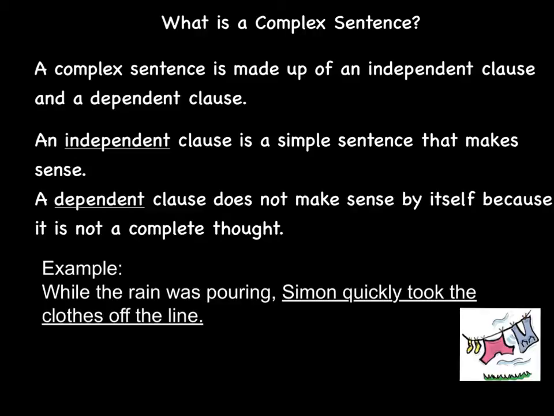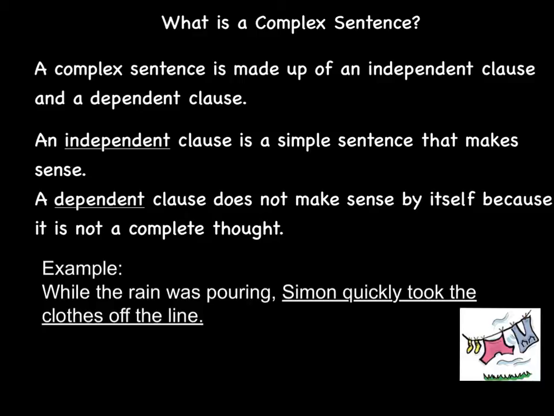Consider the example. While the rain was pouring, Simon quickly took the clothes off the line. If you look at the underlined part of that sentence, Simon quickly took the clothes off the line, by itself that makes sense. Therefore, that part is an independent clause.